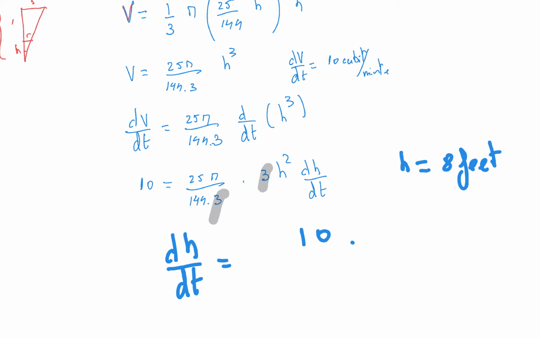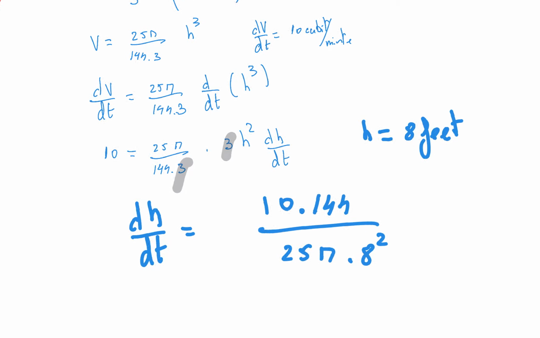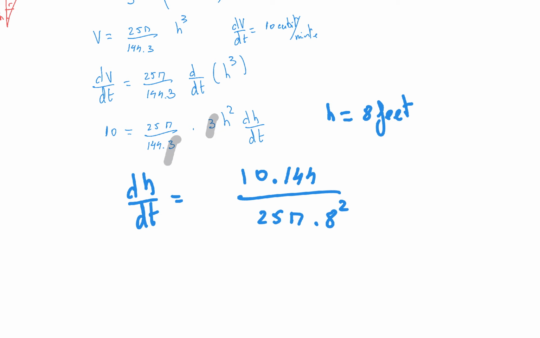So it will be 10 times 144 divided by 25 pi, divided by h squared, 8 squared. And this is the velocity at which the h is coming up when the height is 8 feet.